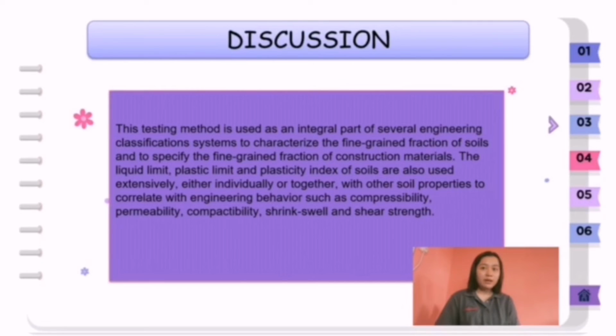The liquid limit, plastic limit, and plasticity index of soils are also used extensively, either individually or together, with other soil properties to correlate with engineering behavior, such as compressibility, permeability, compactability, shrink-swell, and shear strength.